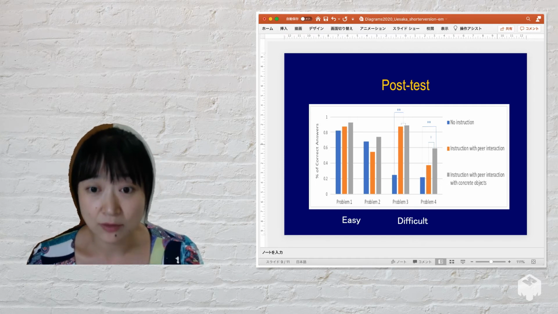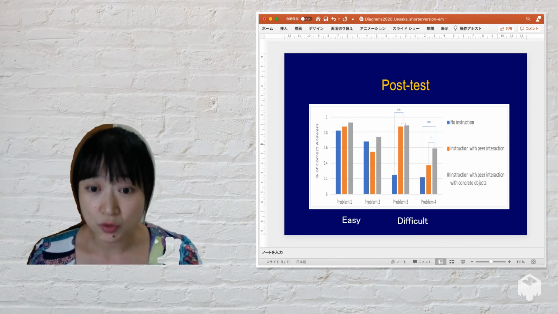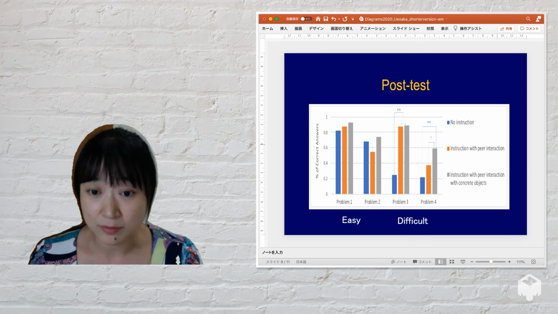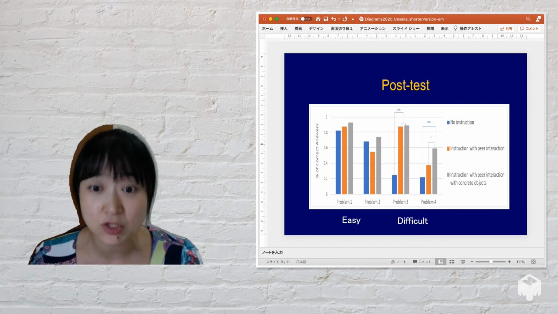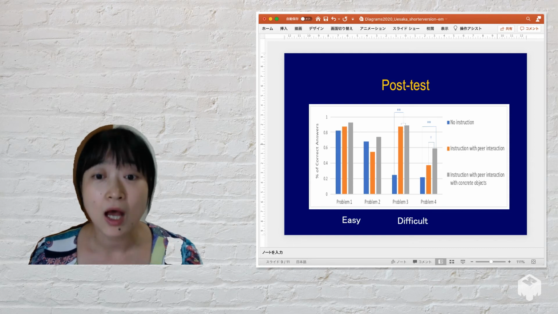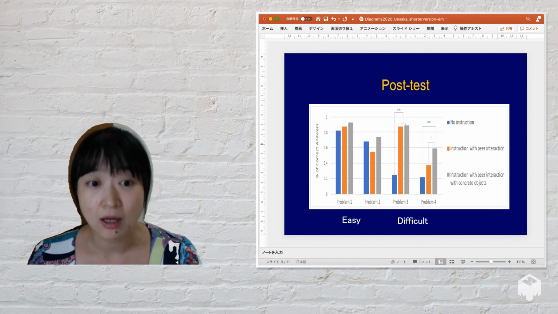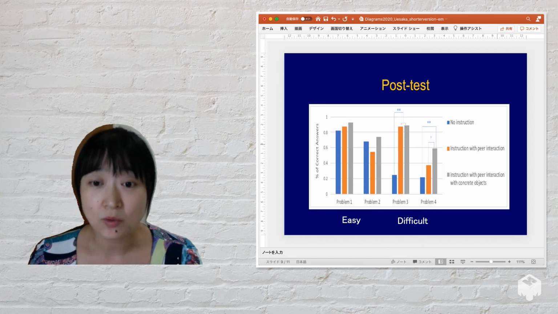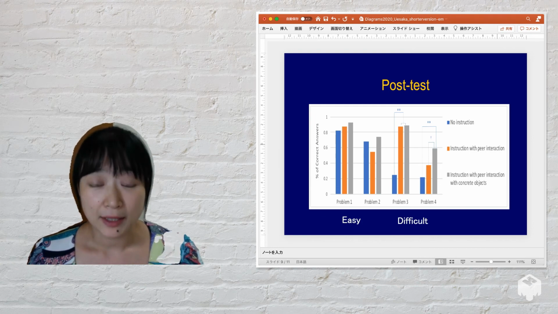This is the finding we got, but another one is that students' use of diagrams, especially spontaneous use of diagrams, is dramatically different in those groups. Almost all students with instruction use diagrams, but students with no instruction rarely use diagrams.